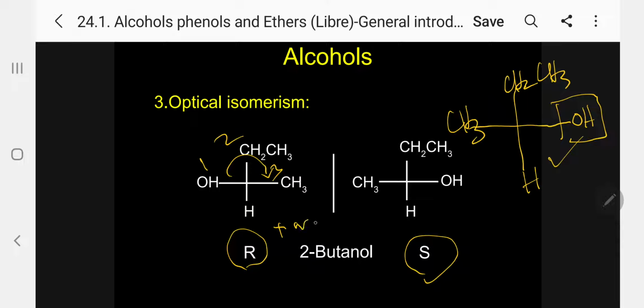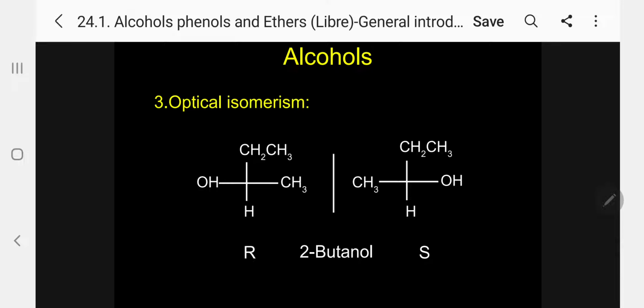Plus or minus, we have no idea. That is experimental. Suppose this is plus, then this is minus. This is minus, then this is plus. That should be determined only experimentally by using a polarimeter. Please follow. So R and S 2-butanol are examples of optical isomerism.